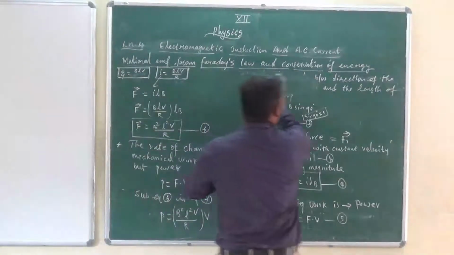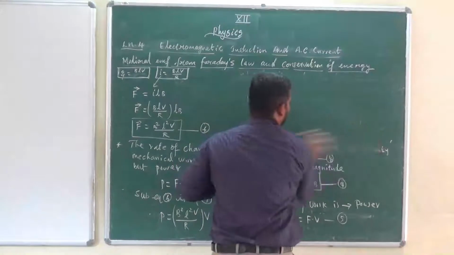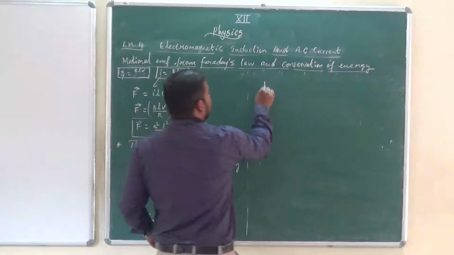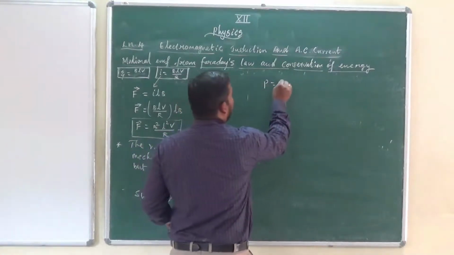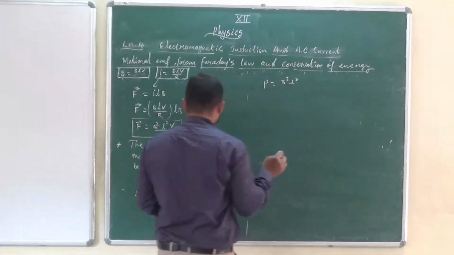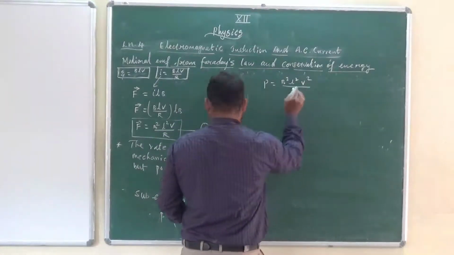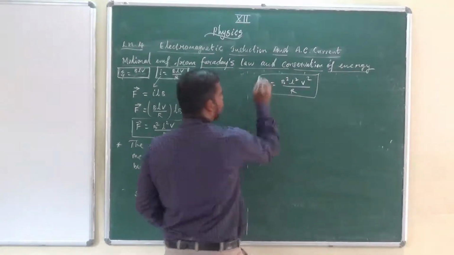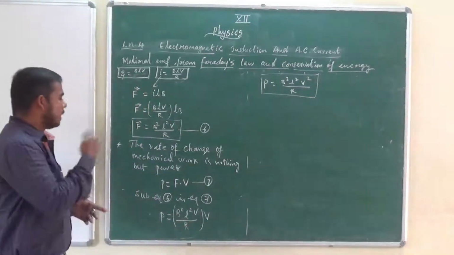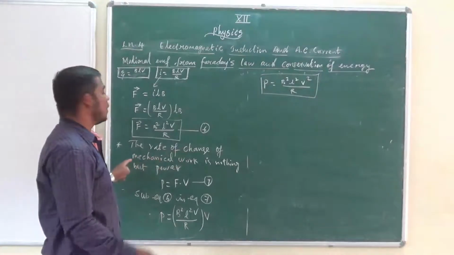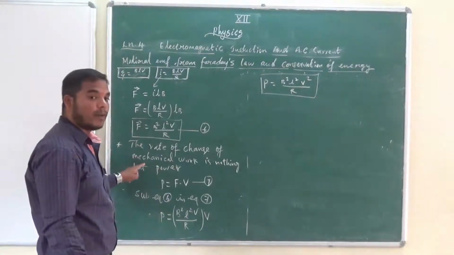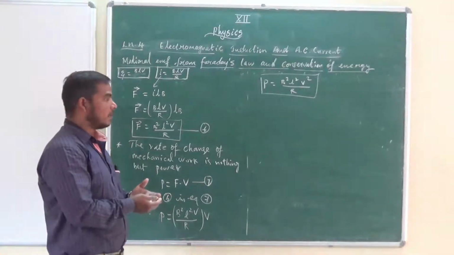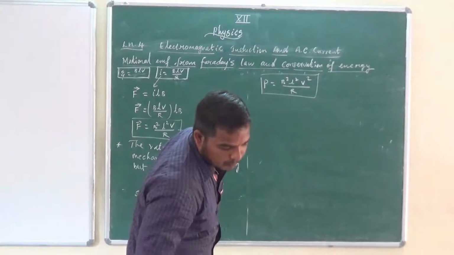If I multiply V inside the equation, power P equal to B square L square V into V, V square by R. So this is the power. The power of the applied, that means the rate of change of your applied mechanical work in the loop, that is converted into power.